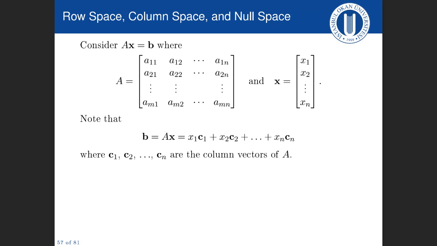Now consider the linear system Ax equal to b, and note that Ax is the same as a linear combination of its column vectors. It's x1 multiplied by c1 plus x2 multiplied by c2 and so on.